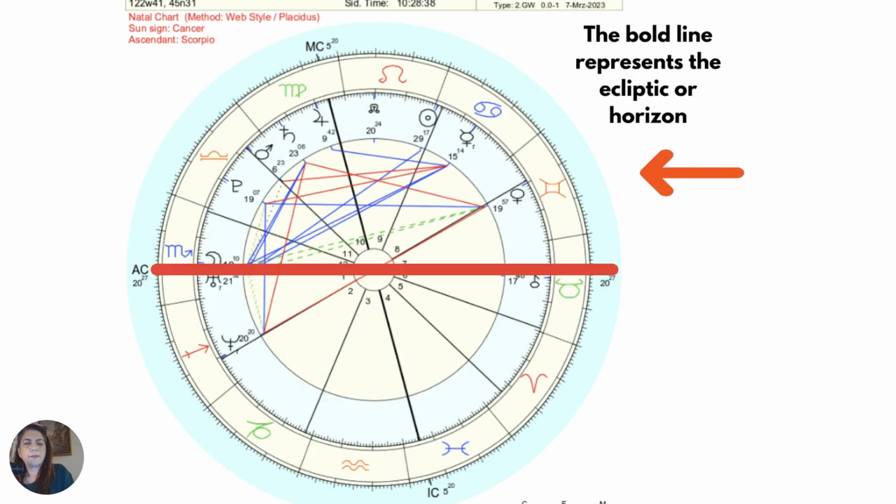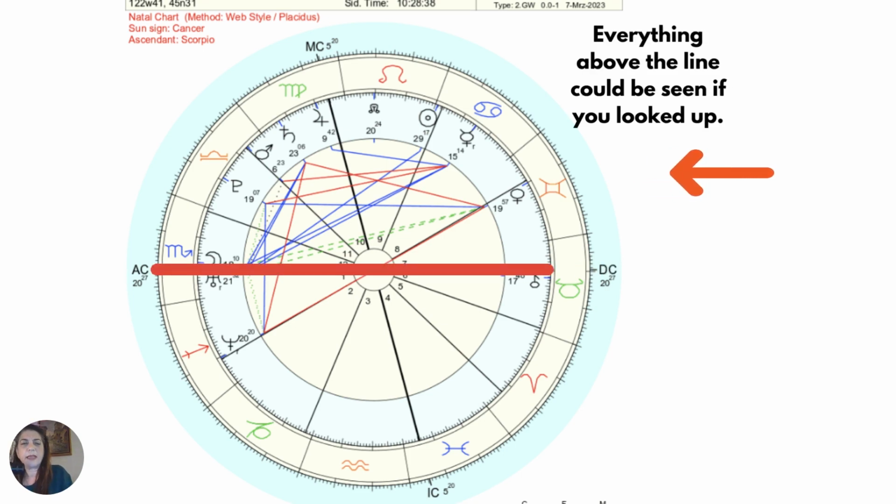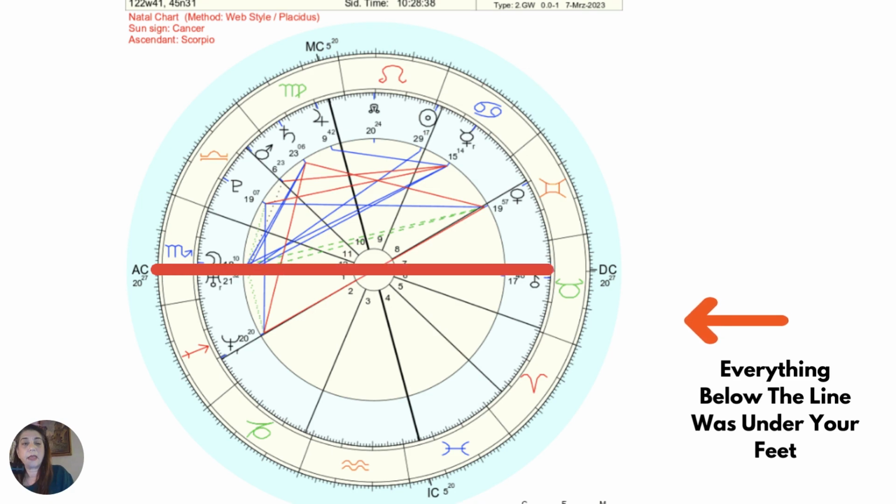The big line through the center is what we call the ecliptic, or you could call it the horizon. Everything above the line you could see, with a telescope or with the naked eye. Everything below the line would be under your feet, or they could see it in the southern hemisphere.